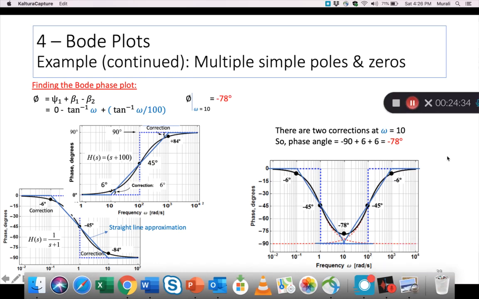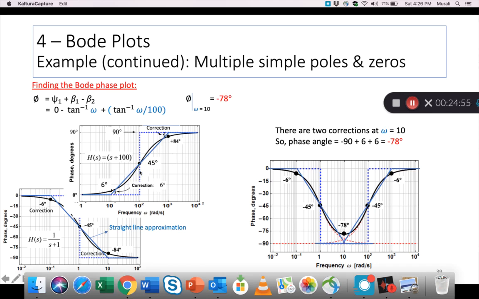Okay, so the way to think about joining the two is the fact that for the pole, we started tracing, even if you follow only the straight line, and we are at minus 90. So we dropped to minus 90.